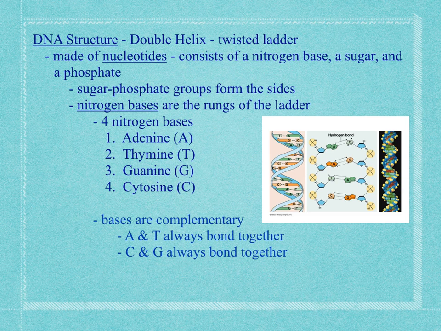And we say that they're complementary. So if you think back to Chargaff's rules again, he said there's the same number of adenine as thymine. So what Watson and Crick discovered was that adenine and thymine always bond together. Same thing with cytosine and guanine. So A and T bond together, C and G bond together.